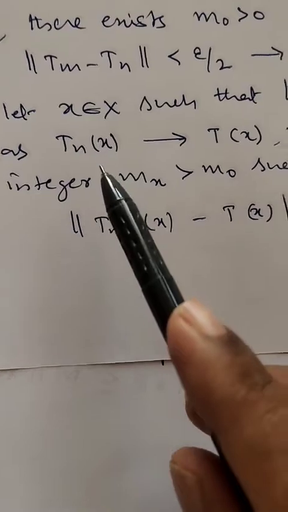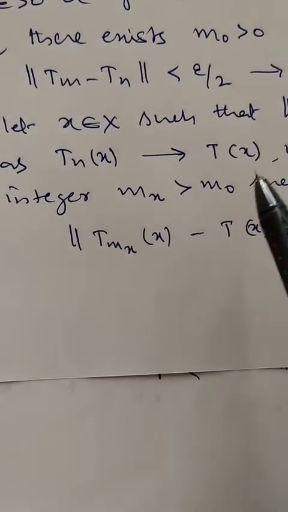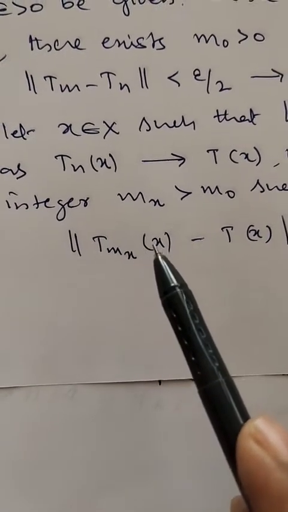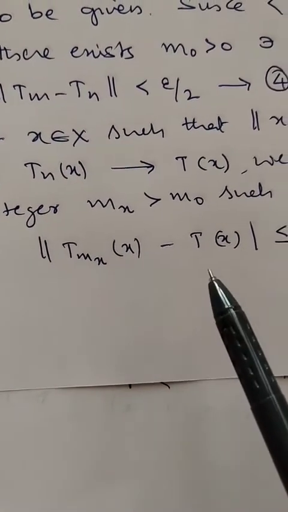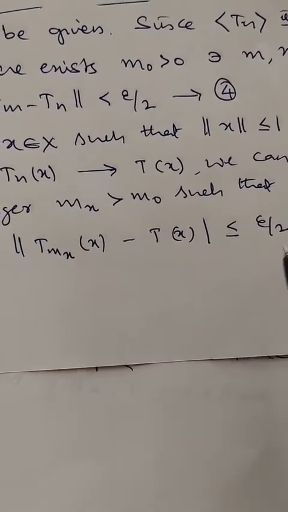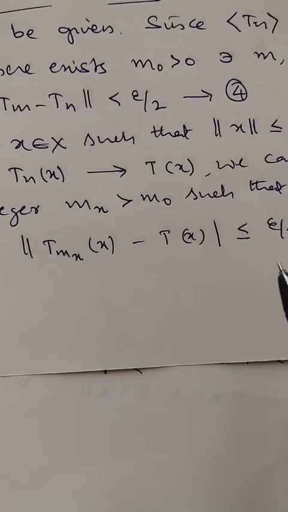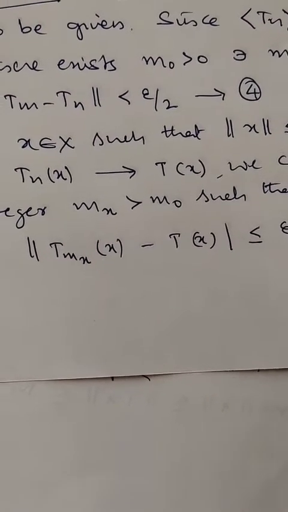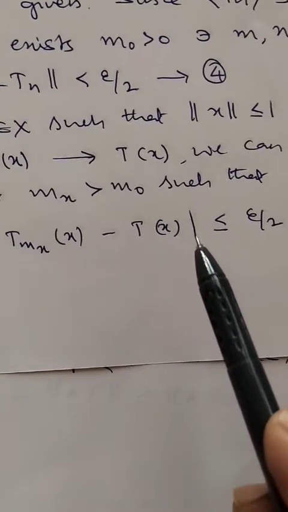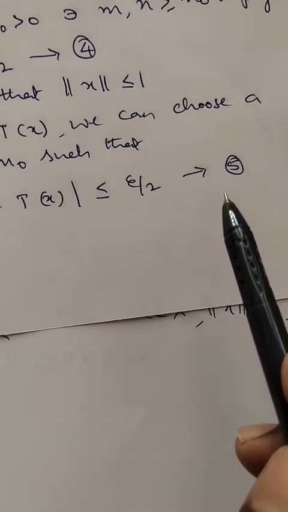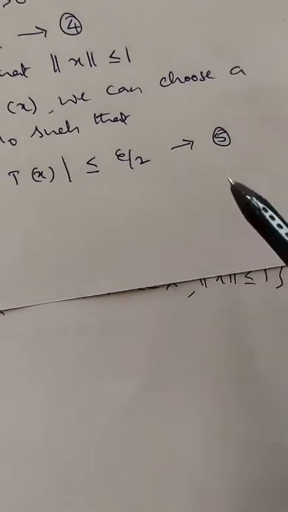So Tn of x converges to T of x means the norm of Tn of x minus T of x is less than or equal to epsilon by 2 for every n greater than or equal to mx. Or in other words, the norm of Tmx of x minus T of x is less than or equal to epsilon by 2. You call this number 5.